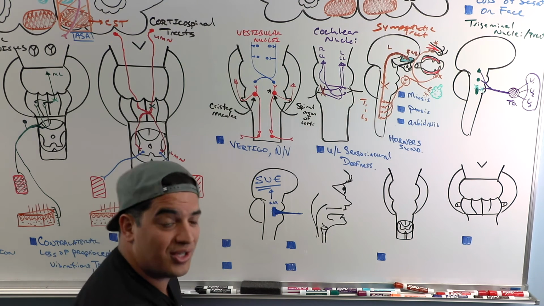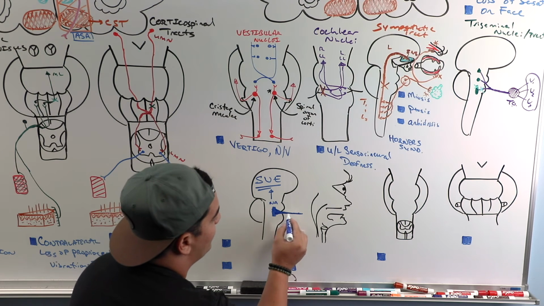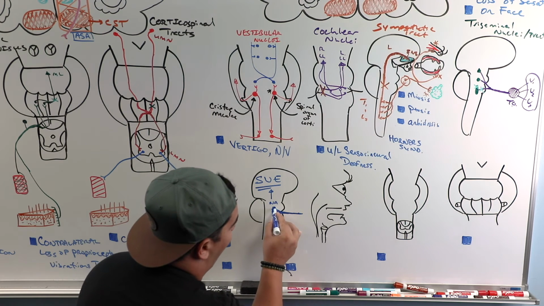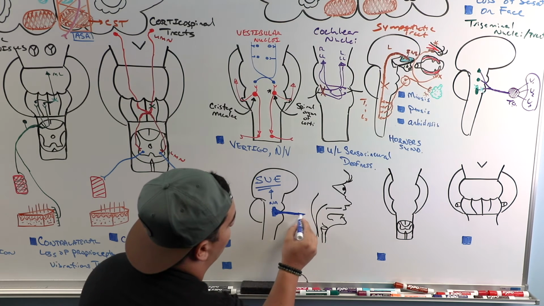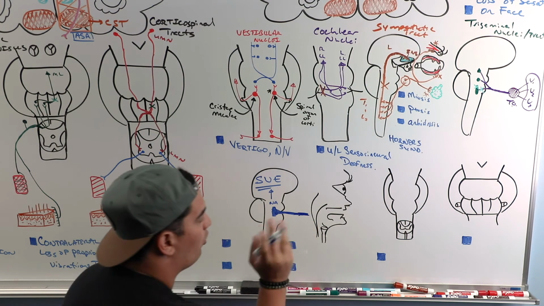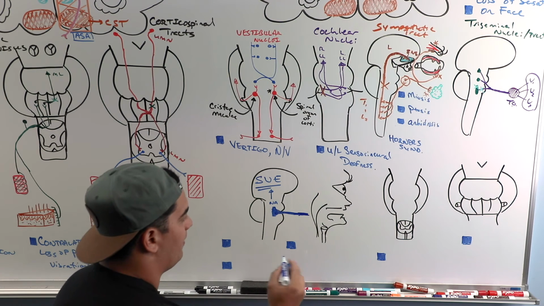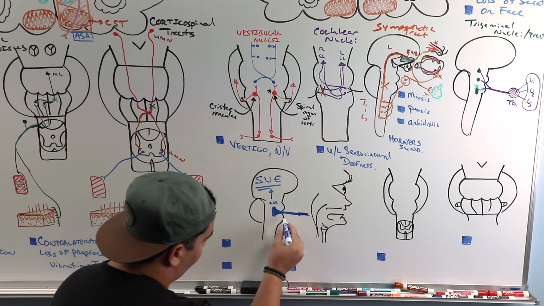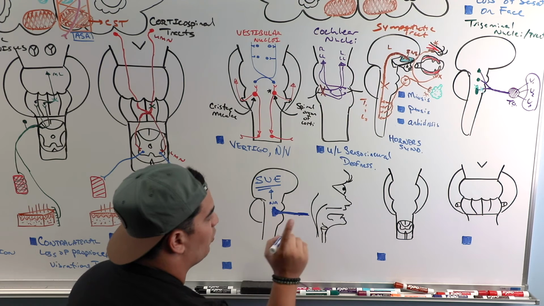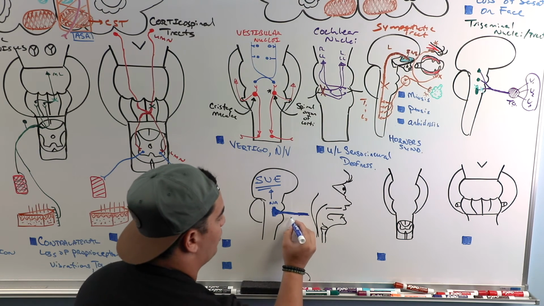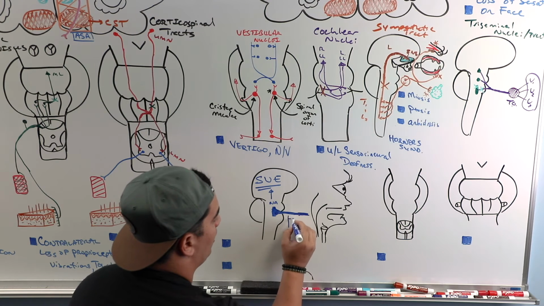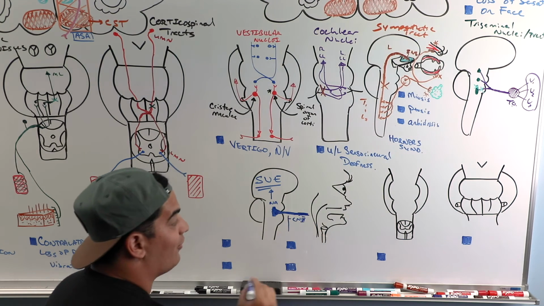Your pharyngeal arches. And this nucleus ambiguus has axons that are going to be incorporated into 3 specific cranial nerves. What are those 3 cranial nerves? Cranial nerve 9, the glossopharyngeal nerve.